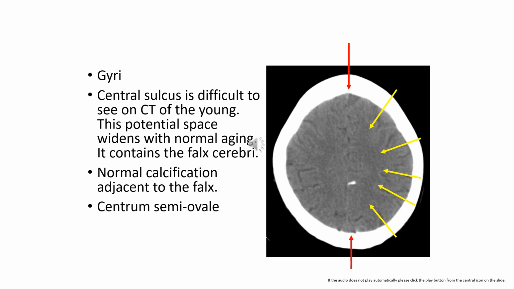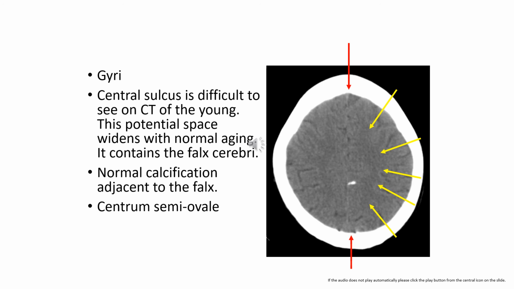If you click again, you will see 5 yellow arrows within the left hemisphere. And this is indicating the centrum semi-ovale. So this is a coalescence of the white matter tracts coming from the grey matter of the cerebrum.